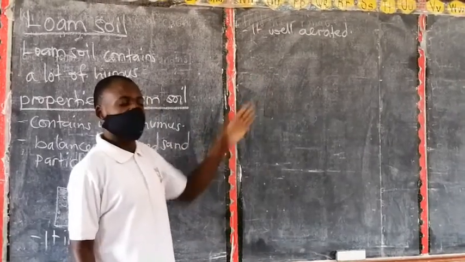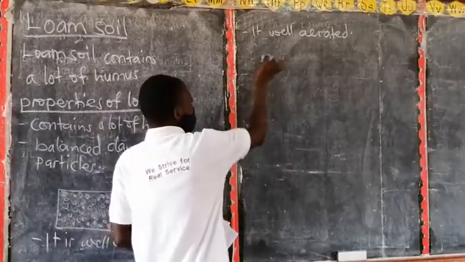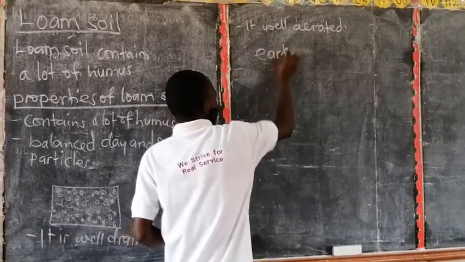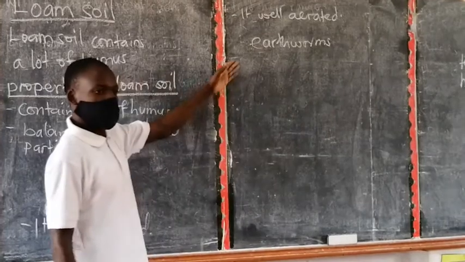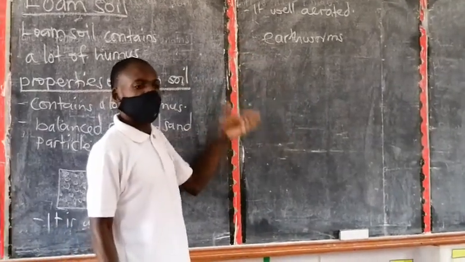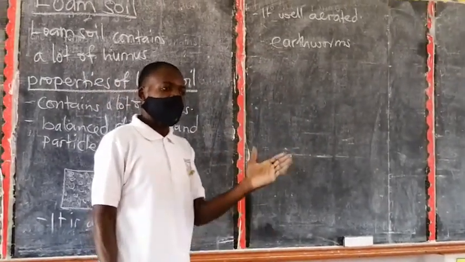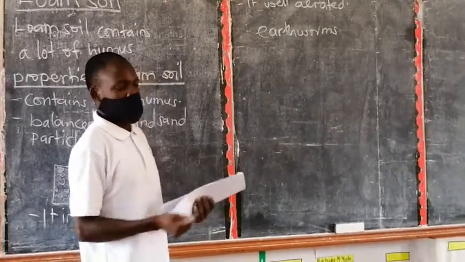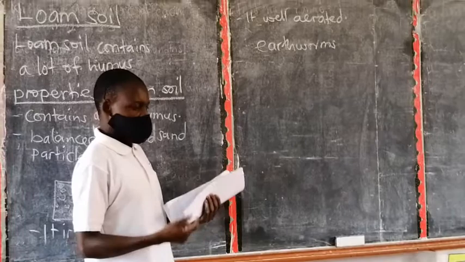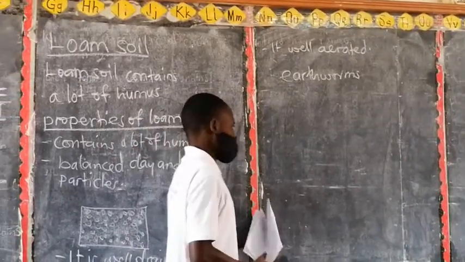These living organisms, for example, earthworms, help to improve soil aeration because where they pass, they keep on leaving small holes where the air can easily circulate, even the more rats that stay in the ground.